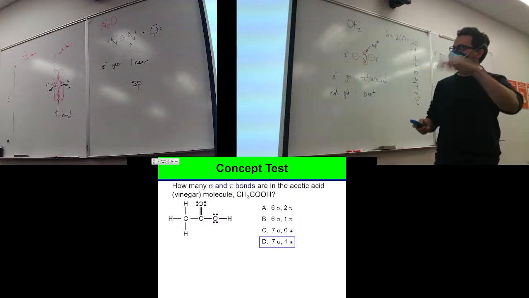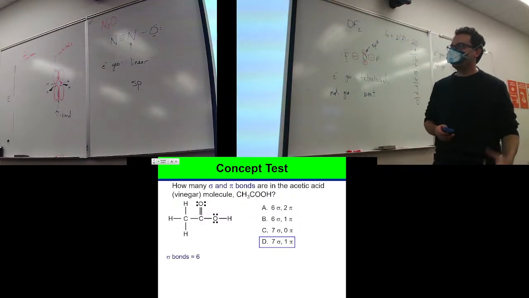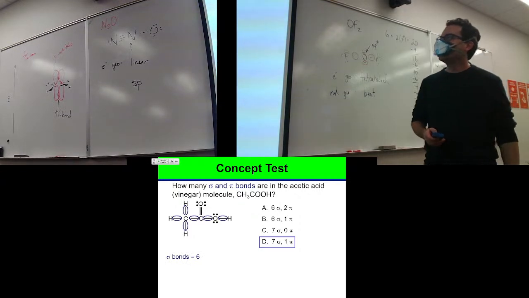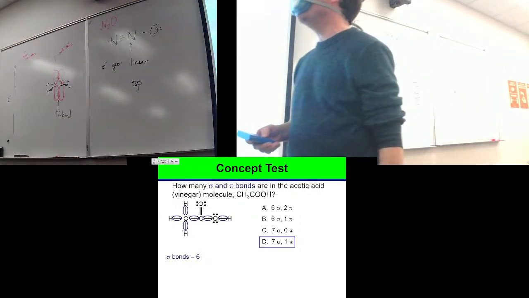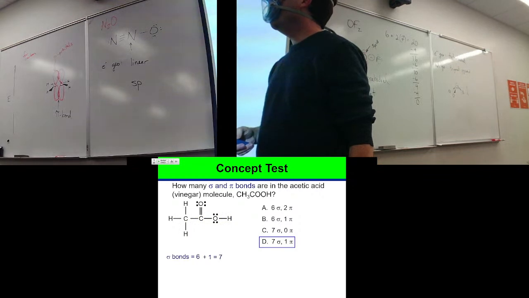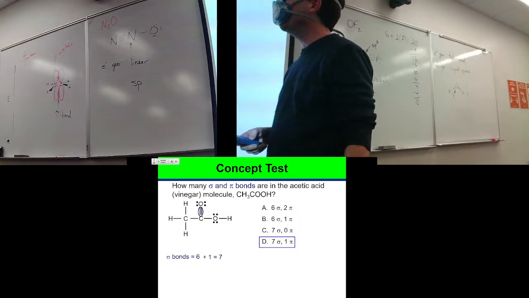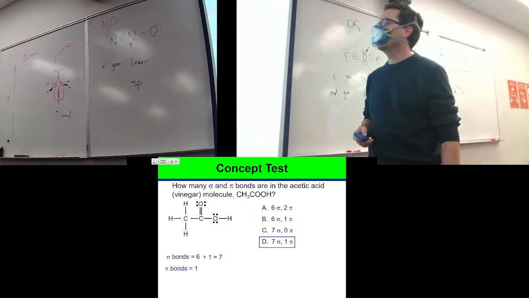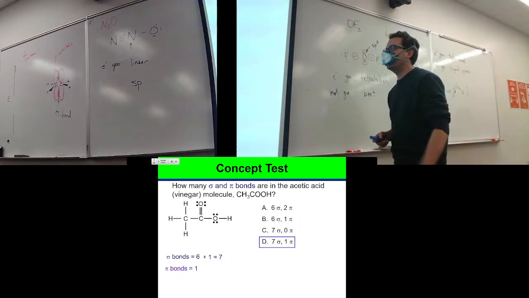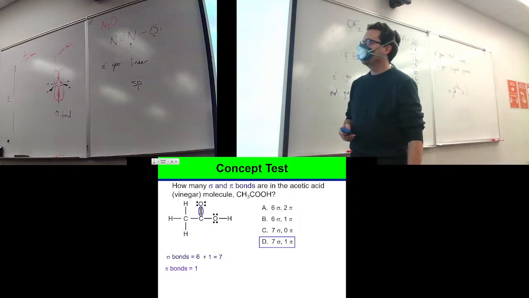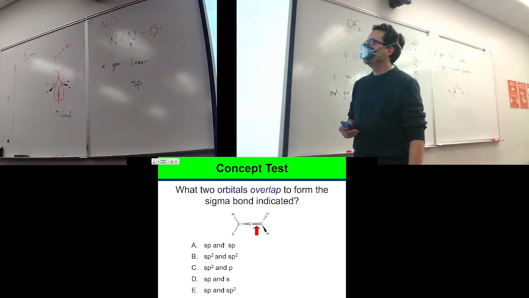Okay, I'm glad everybody tried this one and understood their mistake now. So there's all the plain sigma bonds, but there is an extra one that is in the pi bond, and then in that double bond, the double bond has a pi bond in it too. Okay.